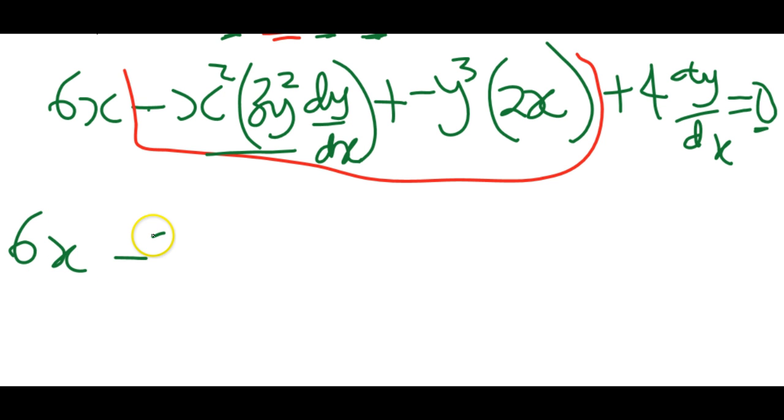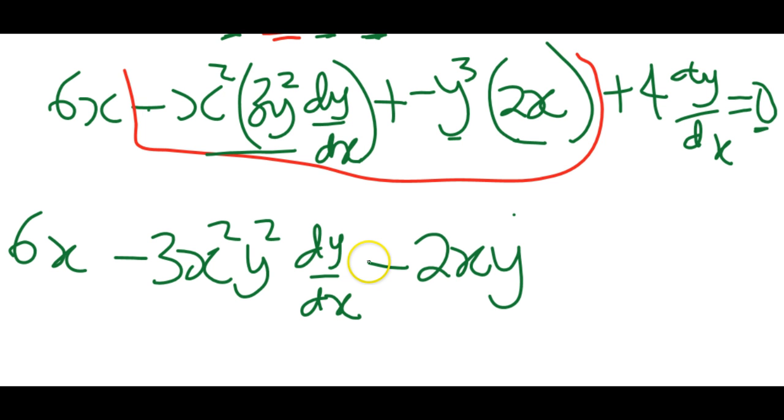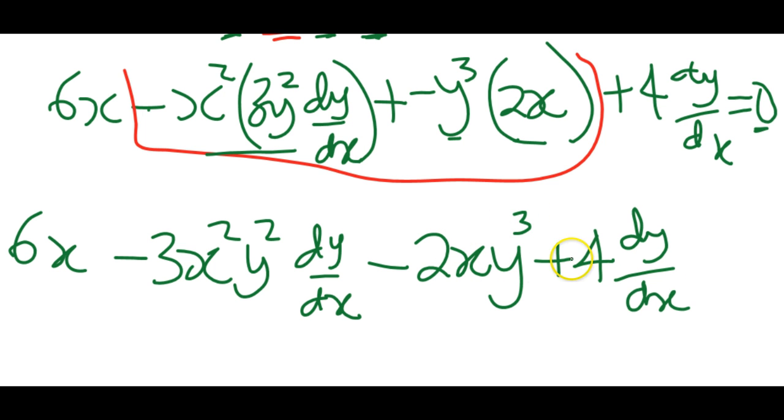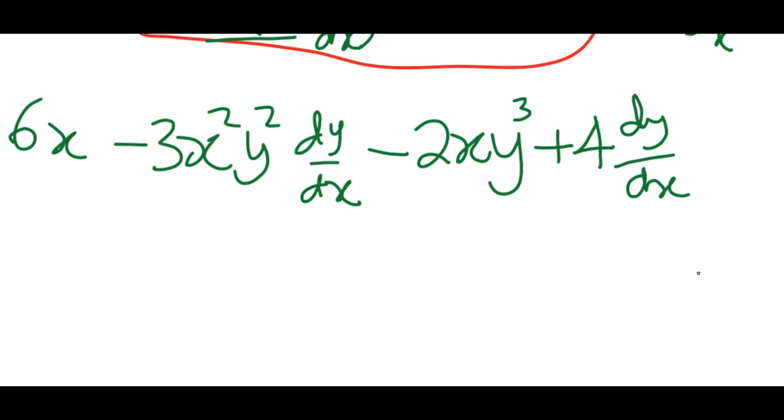This will give me 3x squared y squared dy/dx minus 2xy cubed, then plus 4 dy/dx. Remember it's equal to 0. I want to keep the differential side positive, so I'll move that one outside the bracket.